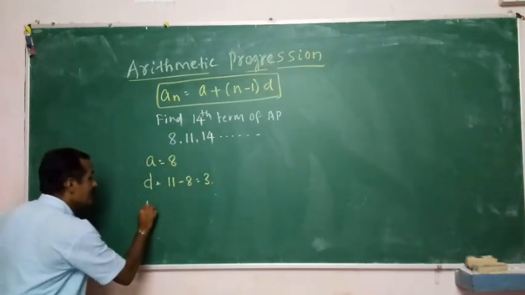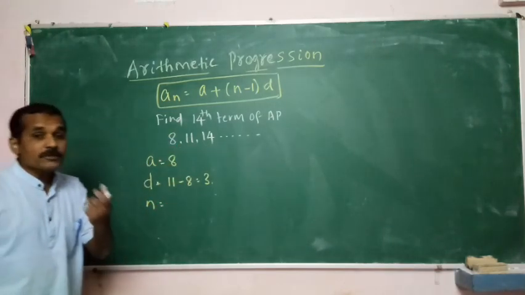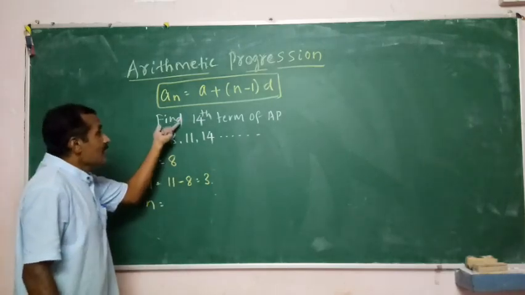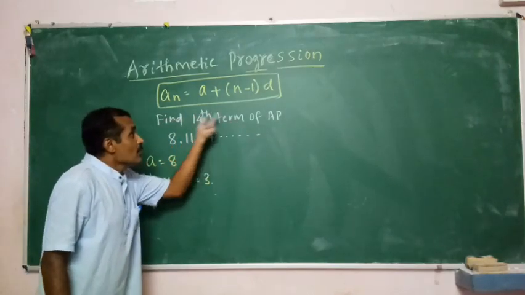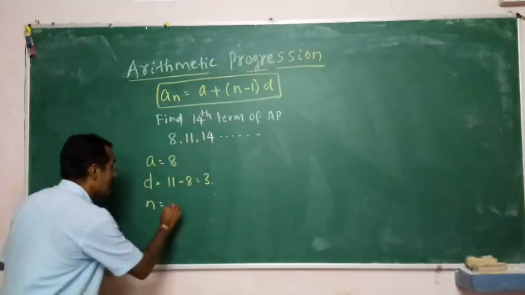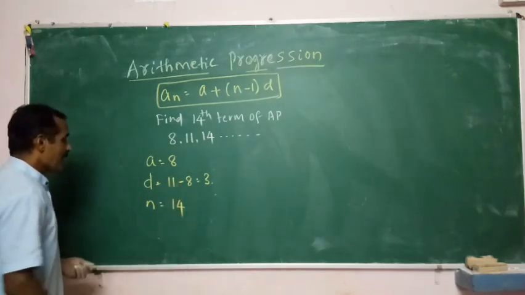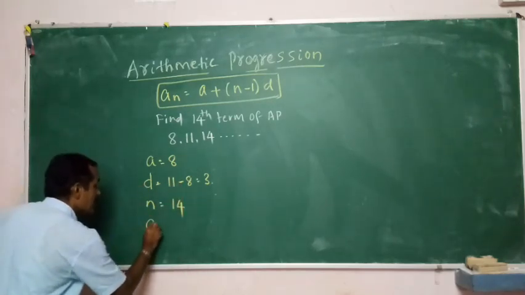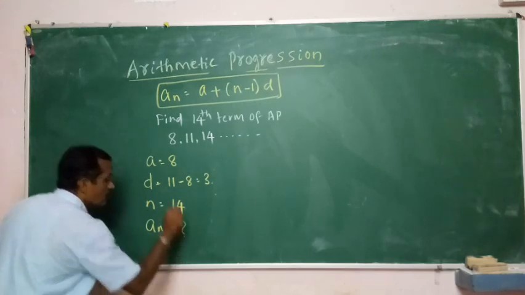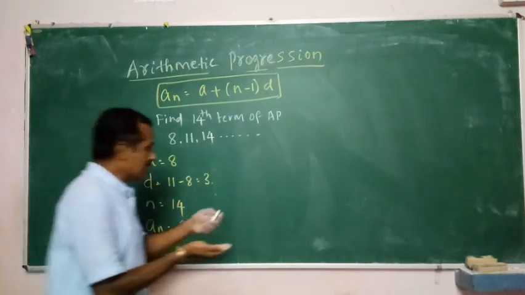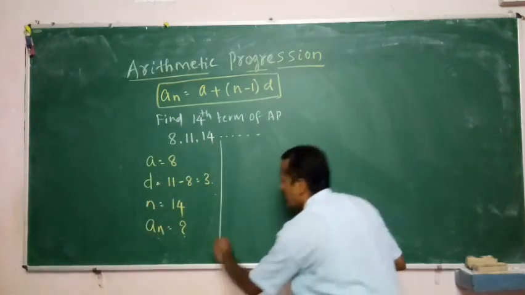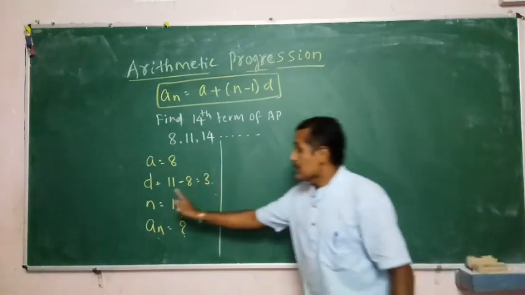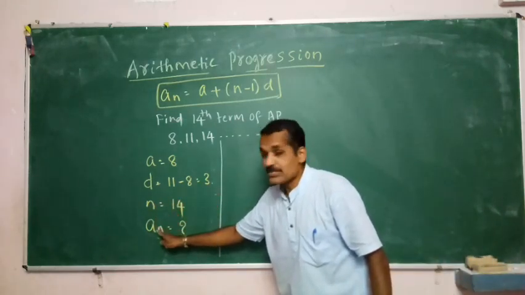We want N. What is N? Number of terms. They asked me to find the 14th term. That is my N. N is equal to 14, and I have to find the nth term. How much? Nth term means An is equal to how much? See, N is different, An is different.